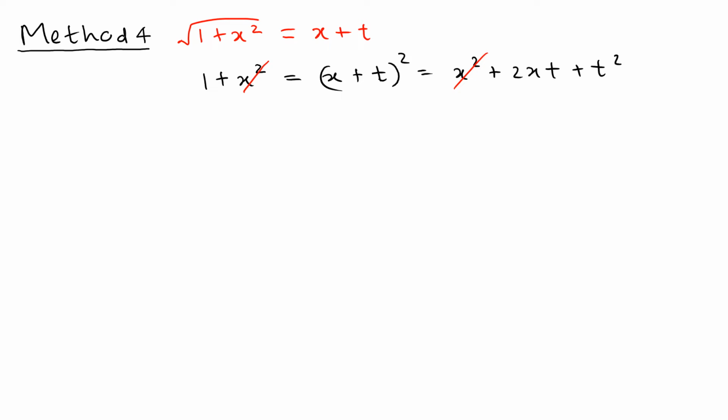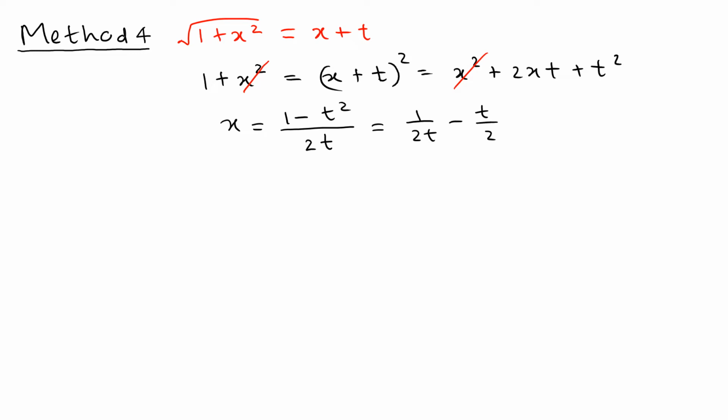So if you solve for x, you're going to get x equal to 1 minus t squared divided by 2t. And then you can also write this as two fractions: 1 over 2t is the first term, minus t over 2 for the second term. This is useful when you take the derivative.